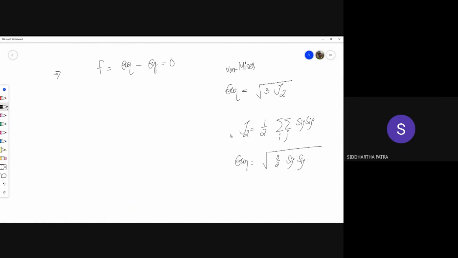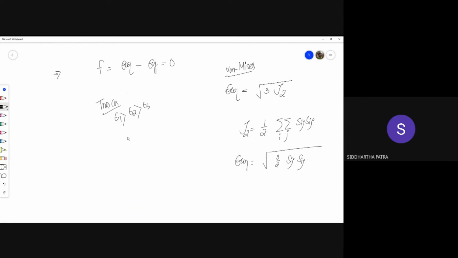Okay, I'm just giving you an example. And for the maximum shear stress theory, so this is for the distortion energy theory. So maximum shear stress theory, assuming sigma 1 is greater than sigma 2 is greater than sigma 3.